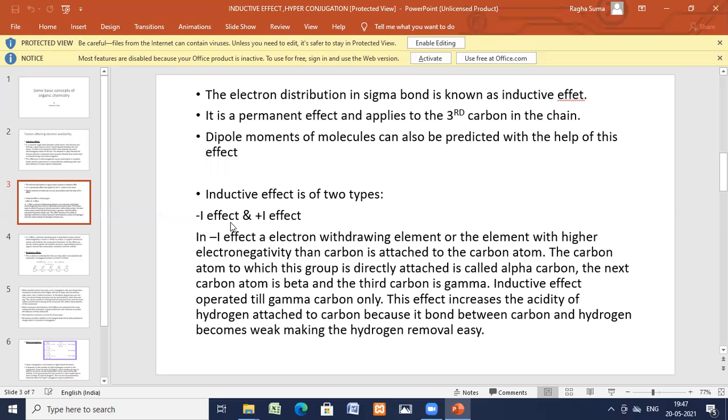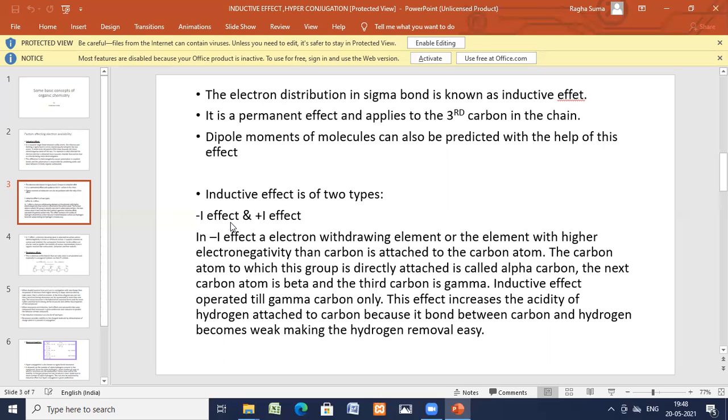iodine, iodide, bromide, chloride, fluoride, OR, OH, C6H5. All these groups are minus I groups. In the minus I groups, you can observe the atoms are from the 5th, 6th and 7th groups. In the nitro group you have oxygen.